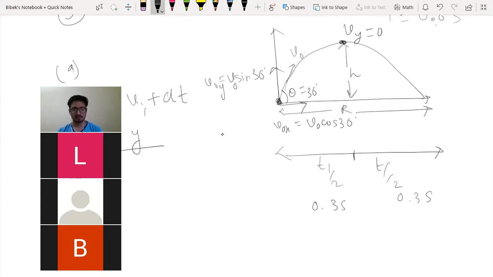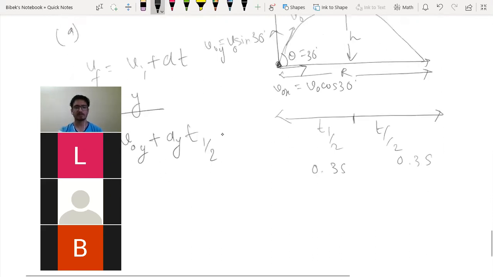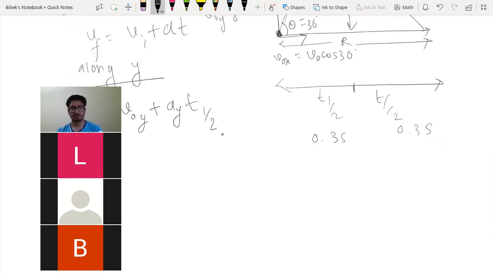So V final, that's Vy, is your initial V0y plus acceleration ay times t half, right? So your final velocity is 0 at the maximum height. So your V0y is negative ay t half.